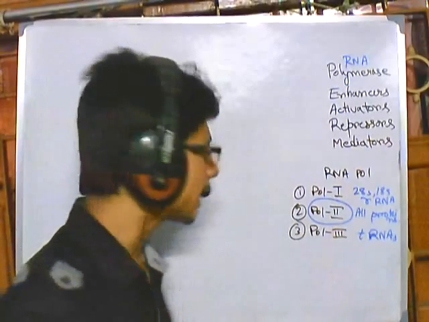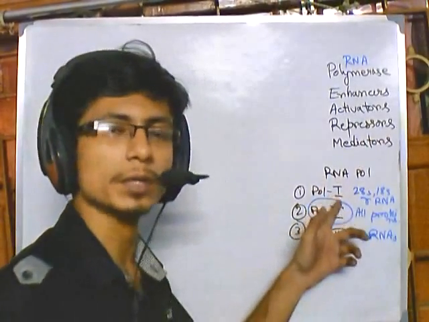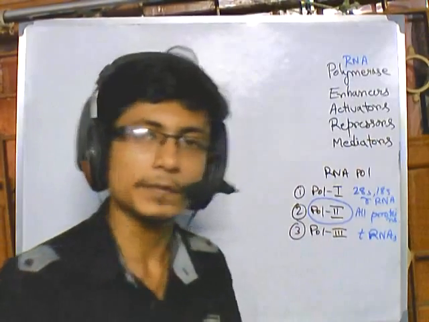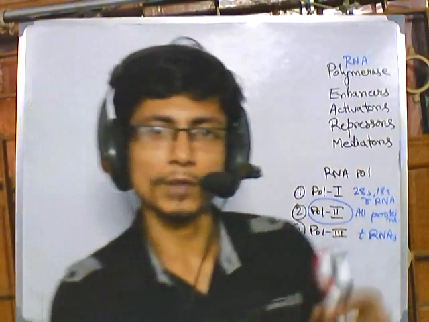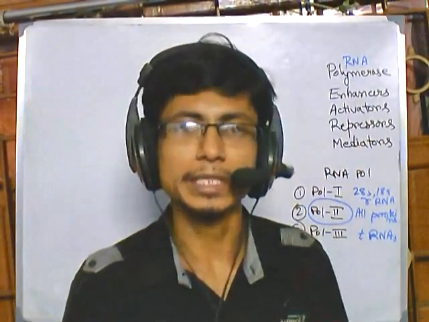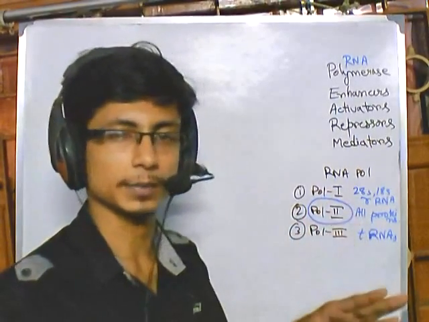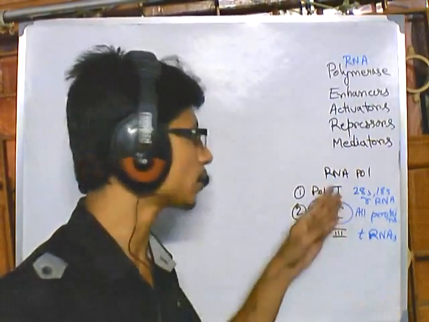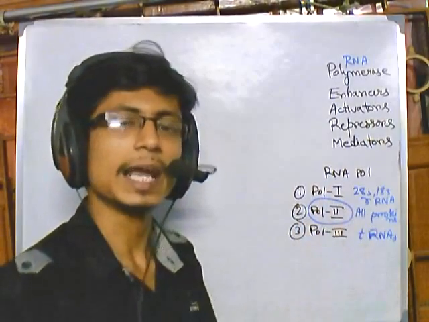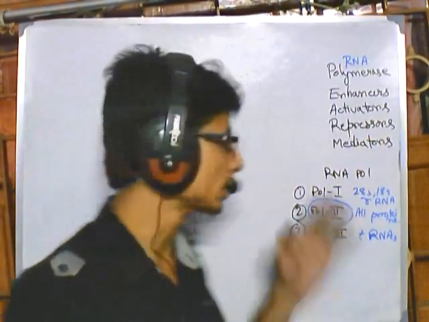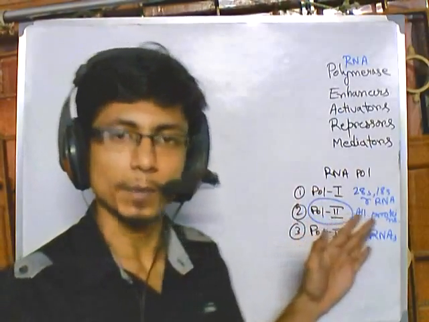So there is not that much difference in the activity between polymerase I, polymerase II and polymerase III in that sense, but the difference is in the mechanism of the transcription. What it means is that the interaction pattern of this polymerase with the DNA sequence, and also with the DNA as well as the transcription factors, will vary from one type of polymerase to another type of polymerase.